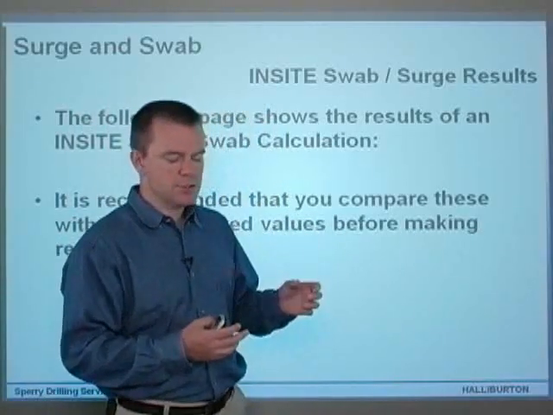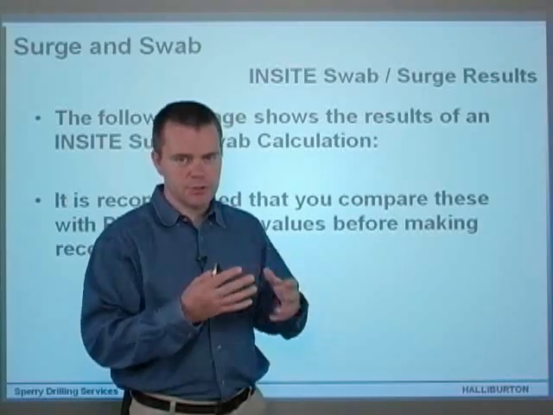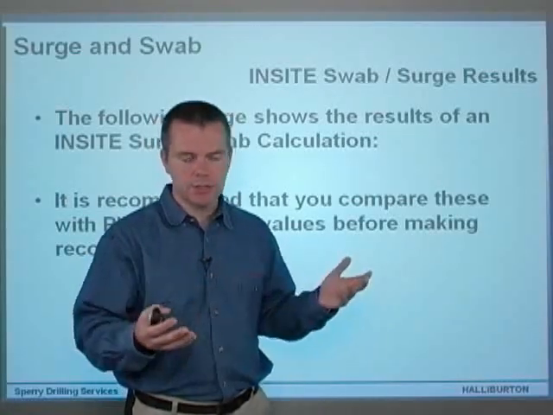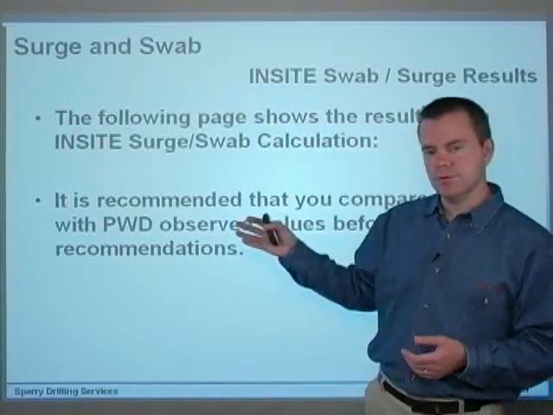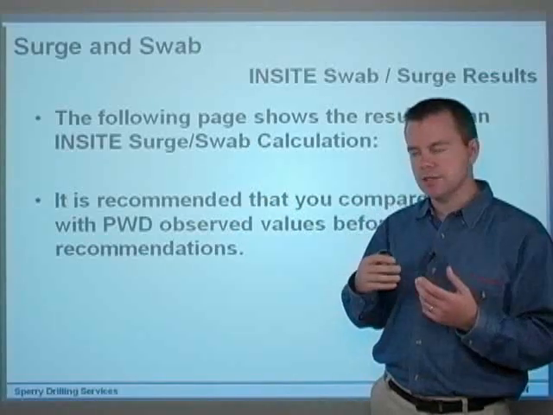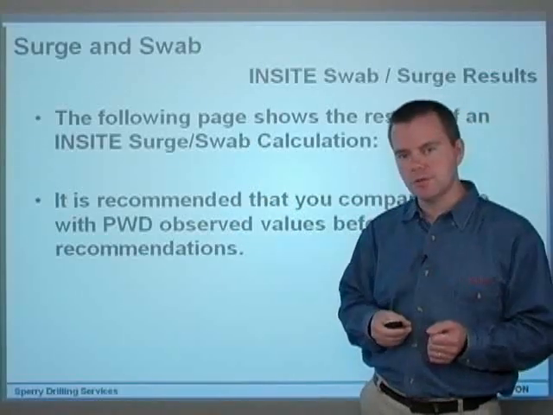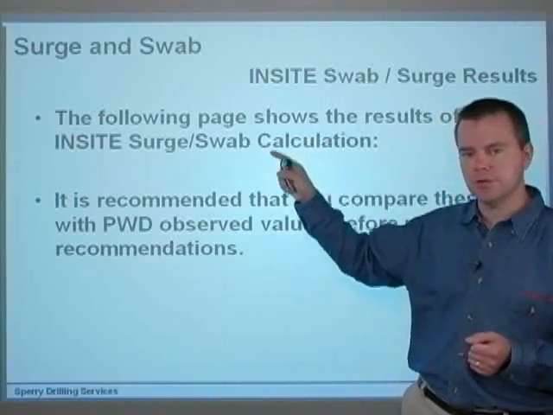If you get a chance to look at the PWD data for surge and swab at different run speeds, you can get this from connections or from trips. Then compare that with what the surge swab calculation is calculating, and when you're sure that it's quite close, then you can start making recommendations based on your calculation.